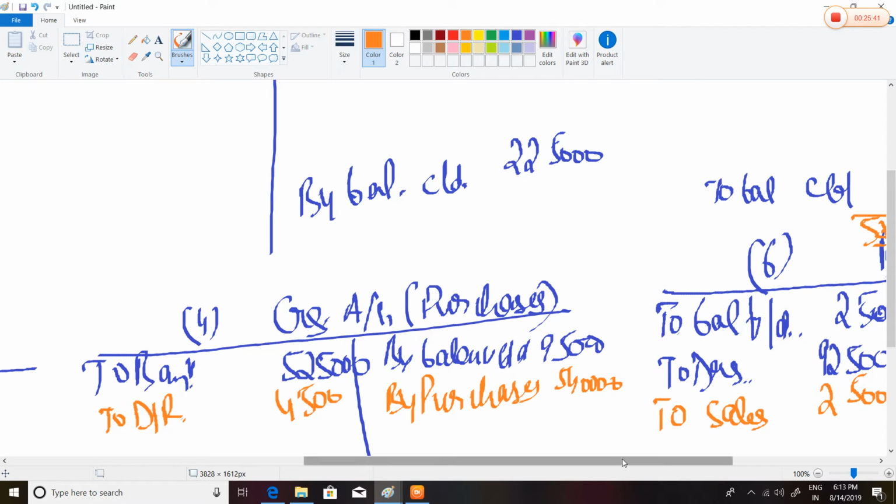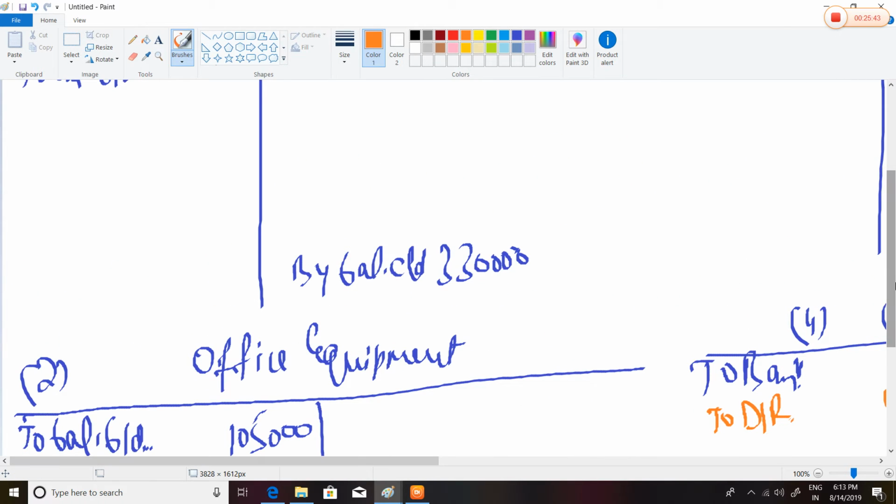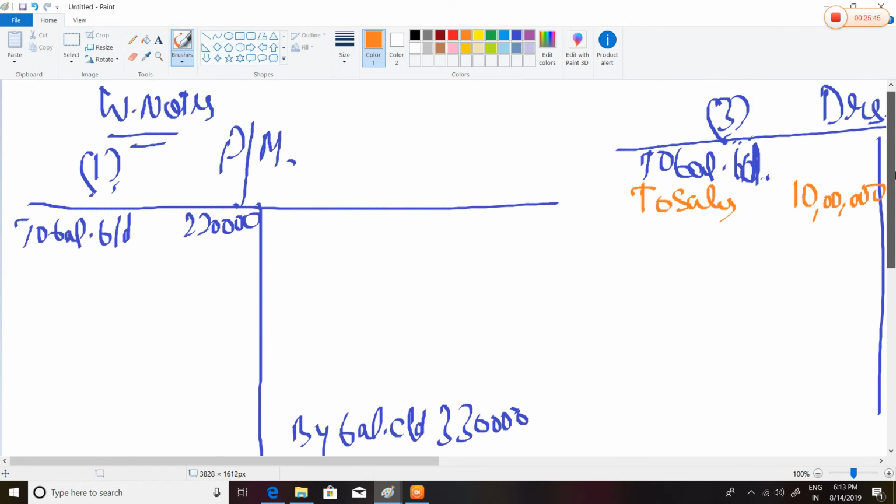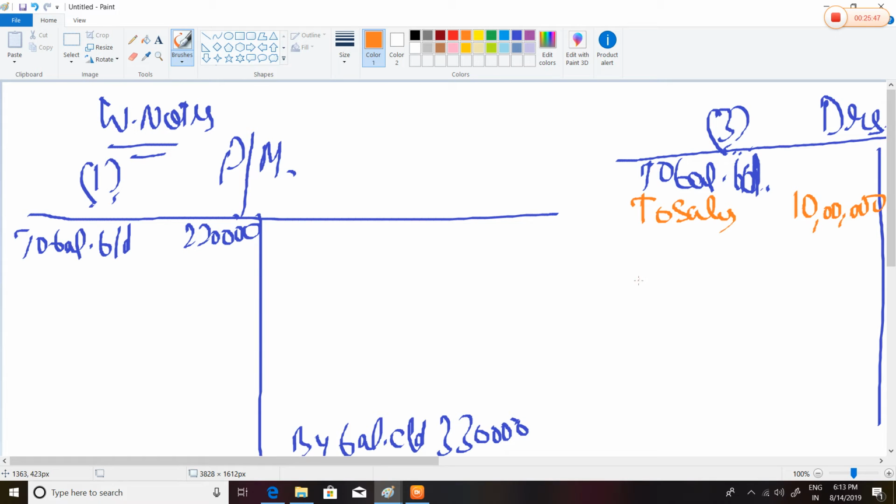So by bank 40,000 here. By profit and loss account, loss on sale, 25,000 here. Book value 40,000 and sold at a loss of 15,000. So total done.